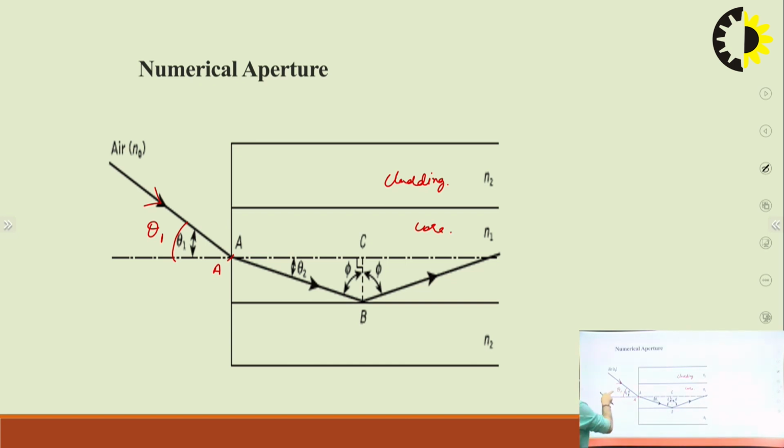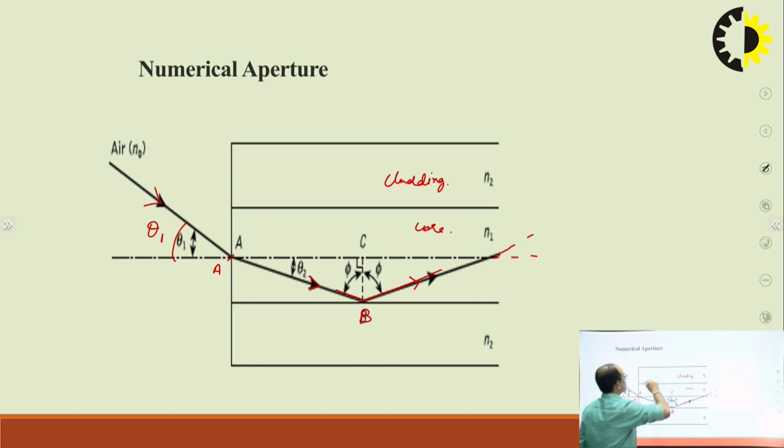When it enters the optical fiber, it is reflected at point B. The plane of the incident ray and the plane of this reflected ray will remain the same, and this ray will always cross the fiber axis of the core. Clear? So this type of rays are known as the meridional ray.